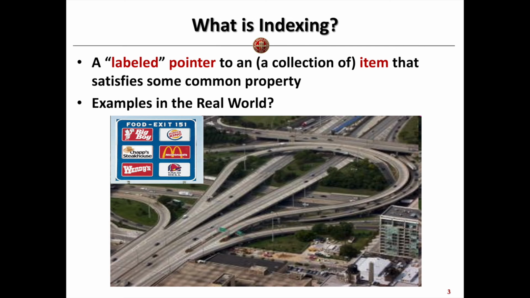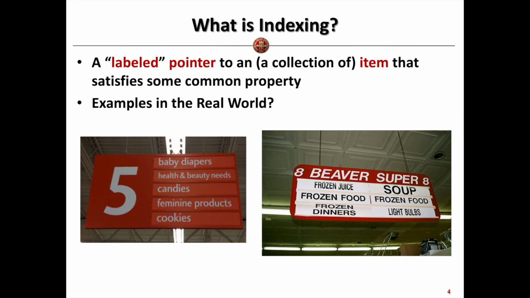So this board is also an index table for the drivers because given the restaurant names, we can know which exit we can go to have this food. Right? It's a pointer pointing to a specific exit along the highway. Besides this, we can also have an index in the supermarket. So if you go to some supermarket like Target or Publix, you can have different sectors, right?